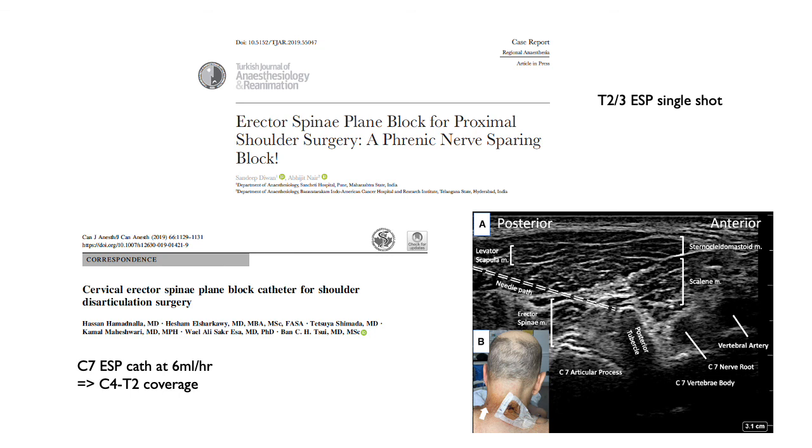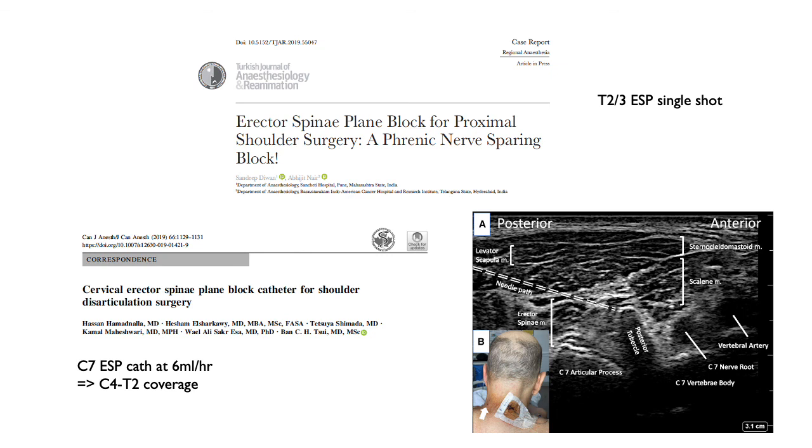But then another thing is if you want to block the C7, you have to learn the anatomy very well, because the interesting thing or the special thing of the C7 foramen is they only have a posterior tubercle but no anterior tubercle, and therefore the vertebral artery is exposed but not protected.